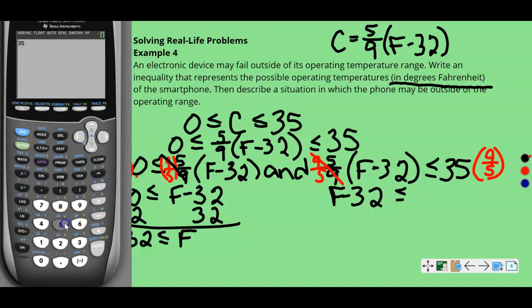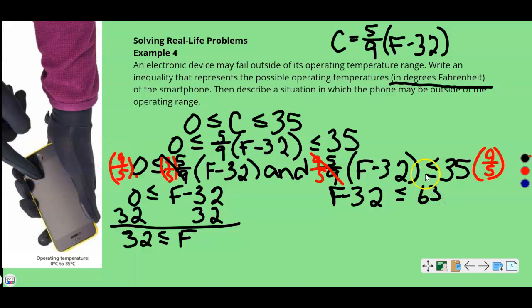We're doing the reciprocal. 35 times 9/5 equals 63. Now we need to add 32 to that. All right, so 3 and 2 make 5, 6 and 3 make 9. So the degrees has to be less than or equal to 95 or greater than or equal to 32.